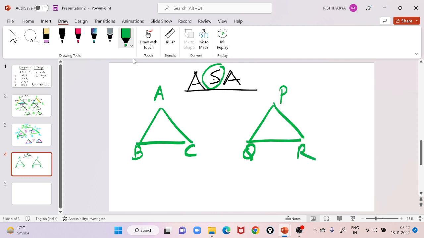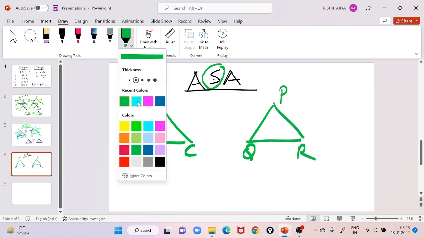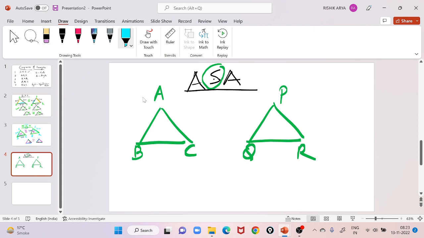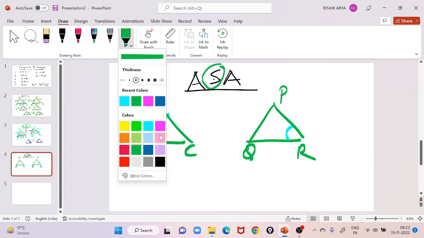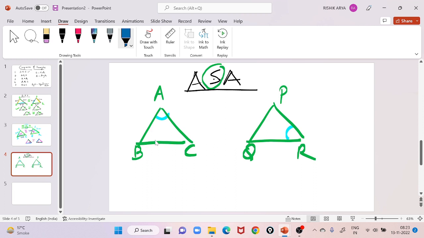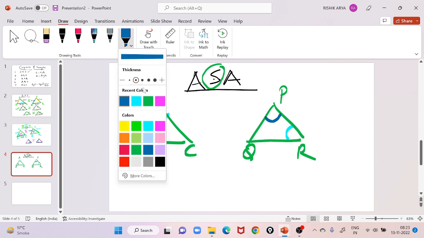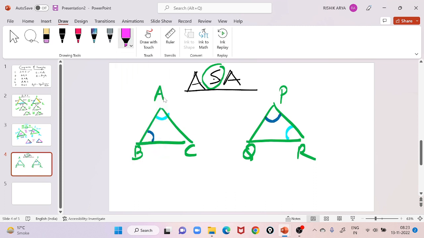If two angles are equal, say angle A is equal to angle R, and angle B is equal to angle P, now think for a minute which side should be equal to one another? Yes, correct. AB side should be equal to PR.